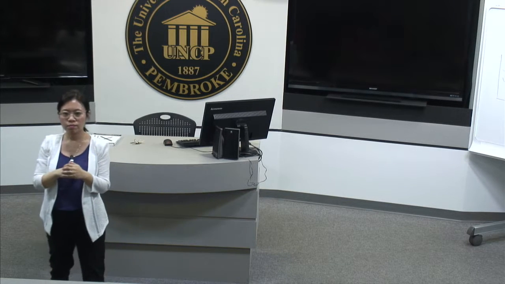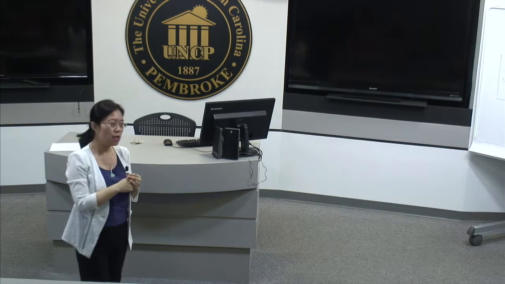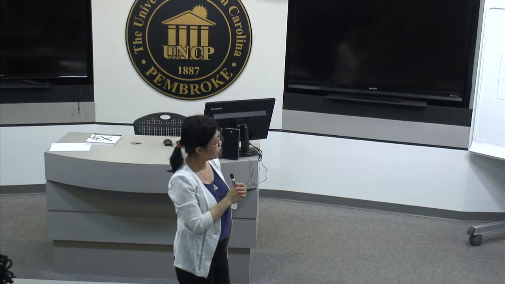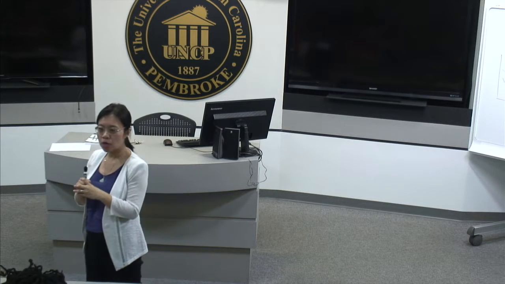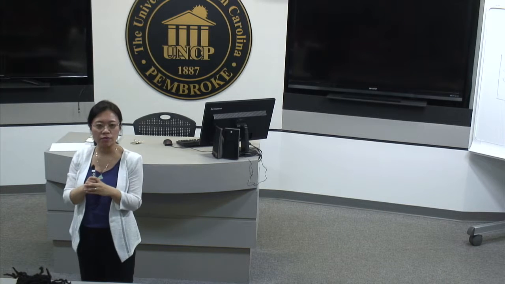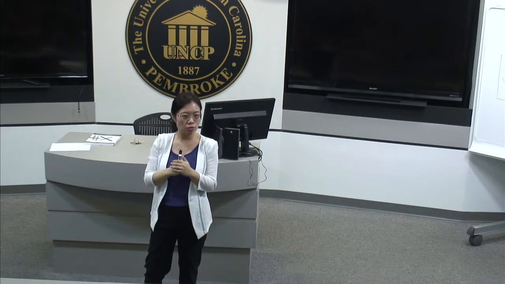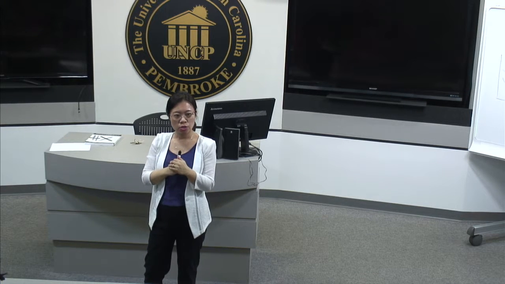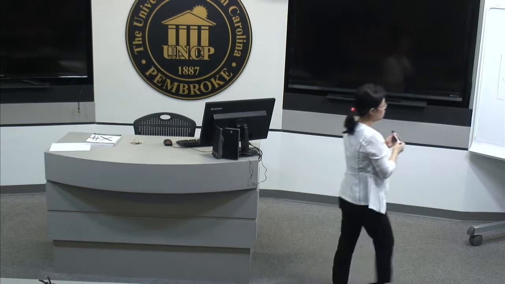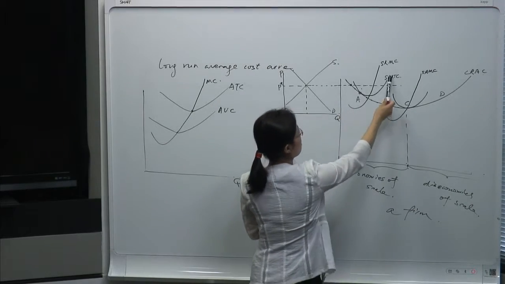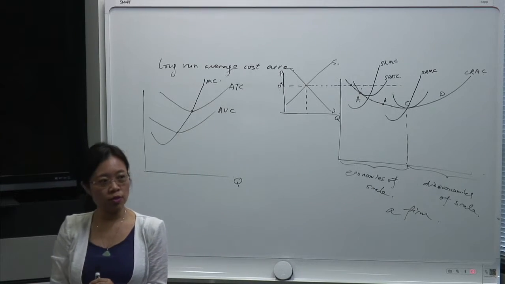Positive, negative, zero? How do we determine whether economic profit is positive or not? We look at the location of the price in relation to ATC. Where is ATC? This is ATC here, and the price is right here.